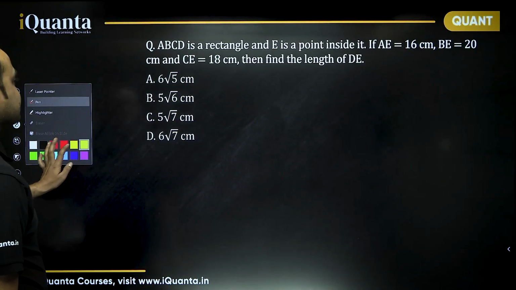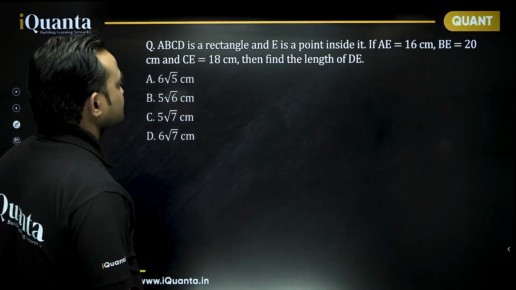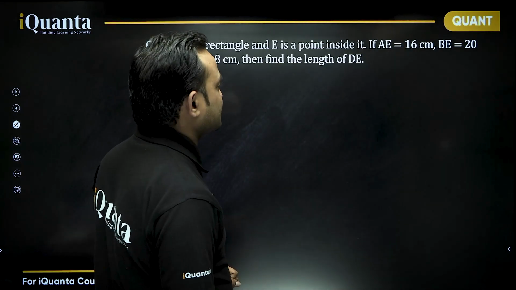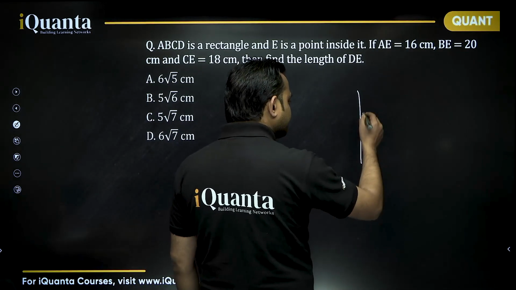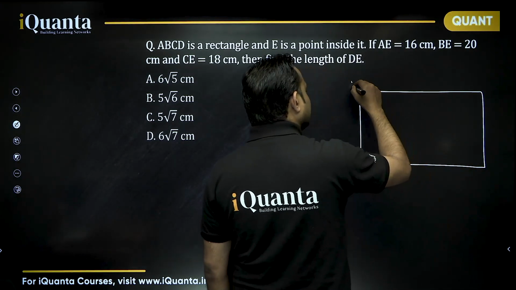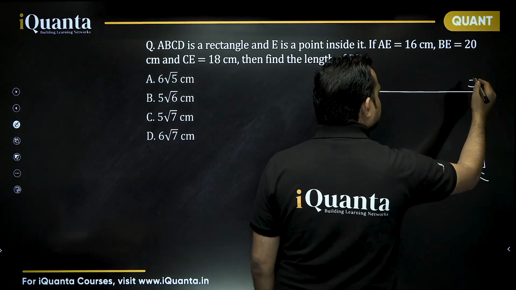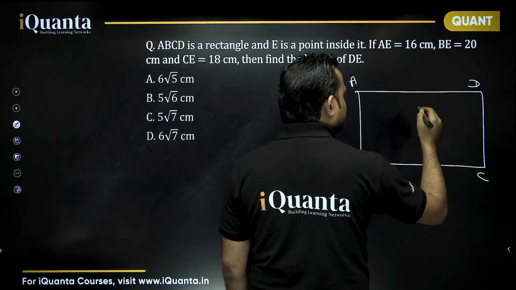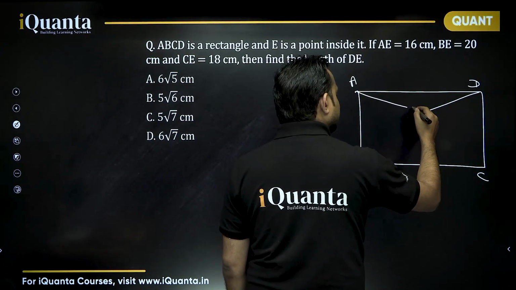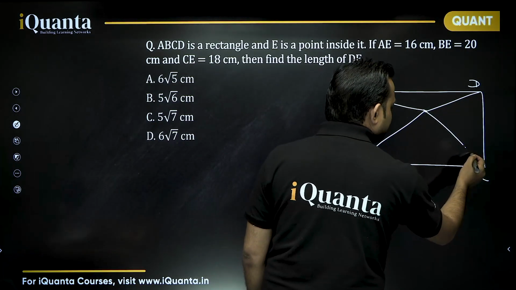Next question, it says ABCD is a rectangle and E is a point inside it. If AE is equal to 16 centimeters. So ABCD is a rectangle, and there is a point E. If I join EA, ED, then I join EB, then EC.